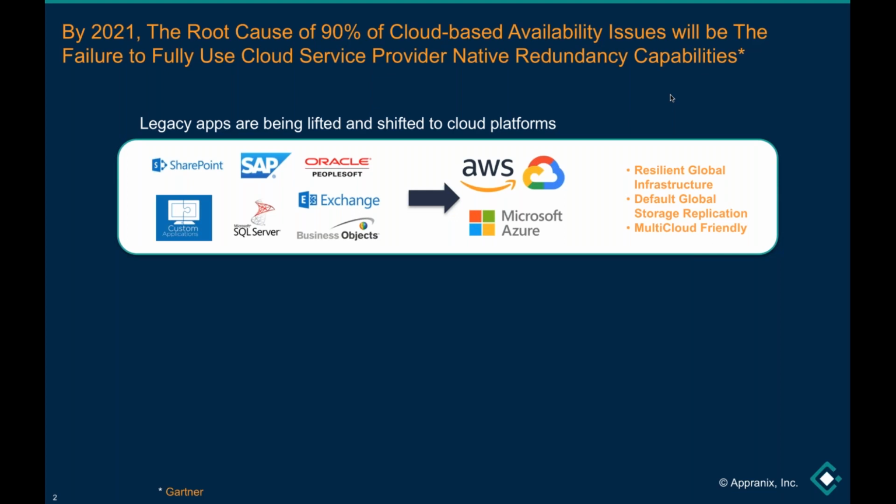So when you take even the legacy applications, could be a monolithic application that has been running in your data center for a very long time, and that's being lifted and shifted to the cloud platform for a variety of reasons, including cost and agility or even security purposes, and also for resiliency purposes.